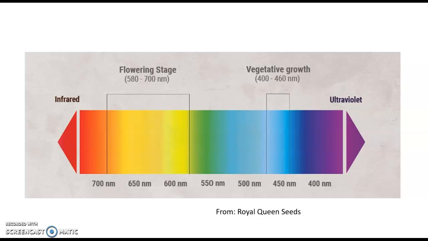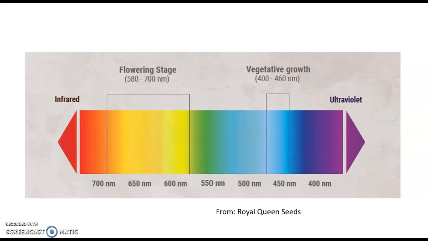And when we go to the blues and violets, that is best for vegetative growth. So when you're starting your cannabis plants, if you are limited in the spectrum that you are giving them, start out with the blues and purples, or we call those the cooler colors of light. And then as they mature, shifting over to the oranges and reds will help with flowering.